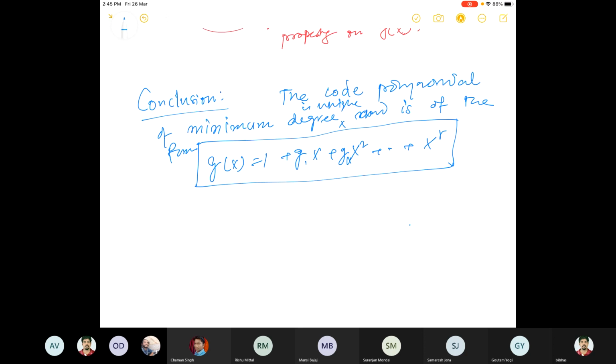This is the form of the minimum code polynomial.